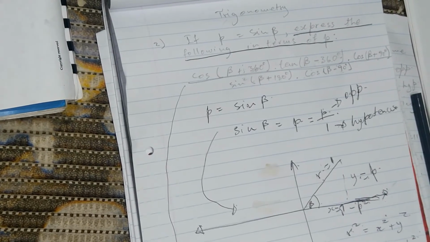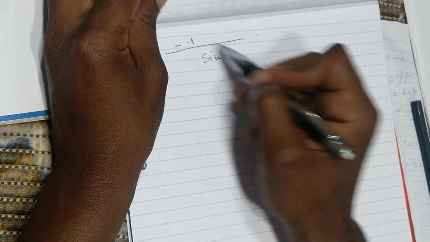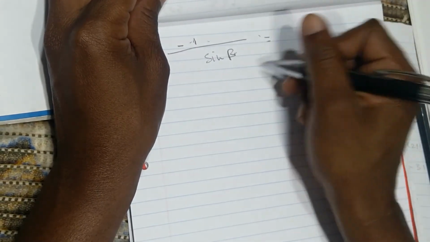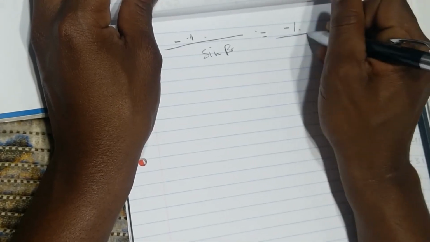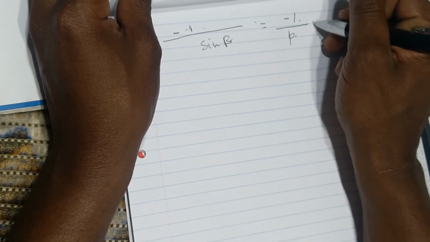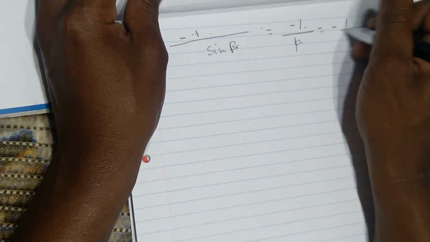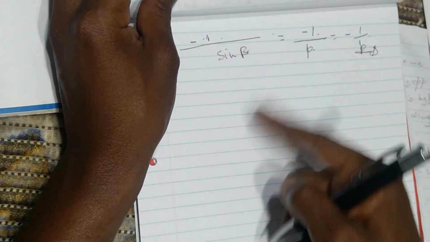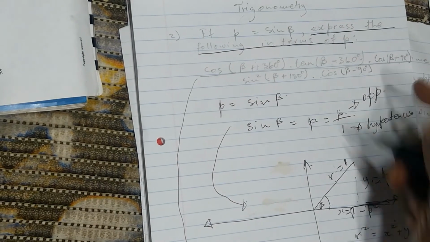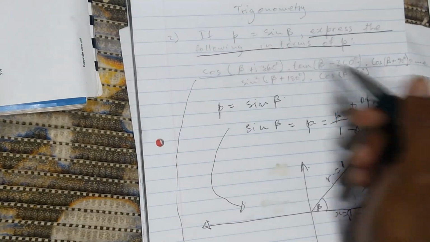So now our answer is, right, minus 1 over sine beta. And sine beta, remember, is equal to p, so it's minus 1 over p. So therefore this is minus 1 over p, right? So now we've expressed this whole thing here in terms of p.